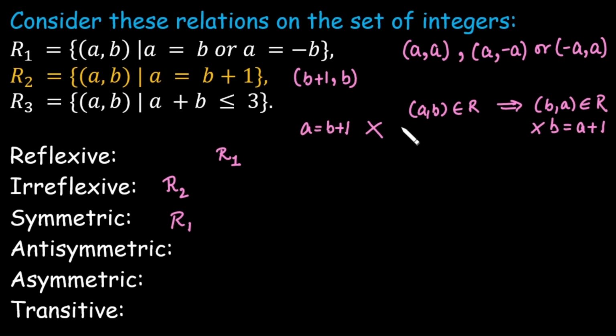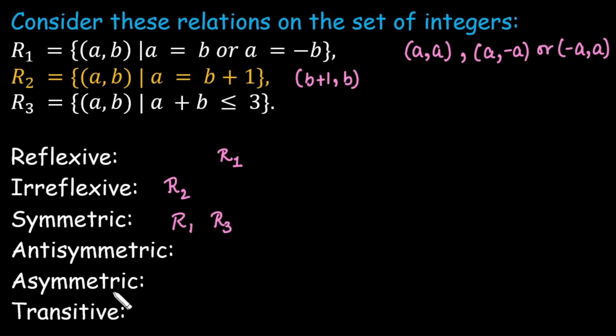As per R3, the condition says that if (A, B) is a part of the relation, then A plus B is less than or equal to 3. Now whether (B, A) is a part of the relation, meaning B plus A is less than or equal to 3 always. Whether this implies this? Yes. So addition is commutative, so there is no impact in this case. So we can say that yes, this is a symmetric relation.